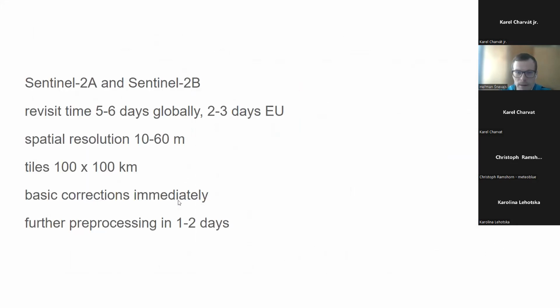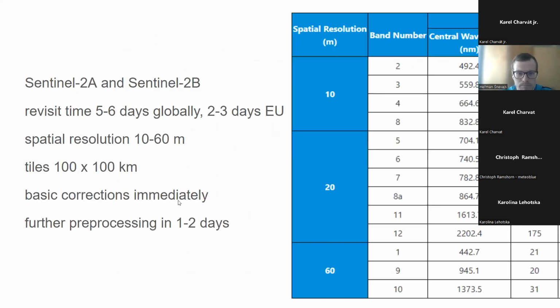The Sentinel-2 camera, the so-called multispectral instrument, scans the Earth in 12 spectral bands at different spatial resolutions. Some bands have 10 meter resolution, some 20, and some 60. But the good news is that the most important bands for land monitoring or crop monitoring are provided with a 10 meter resolution.